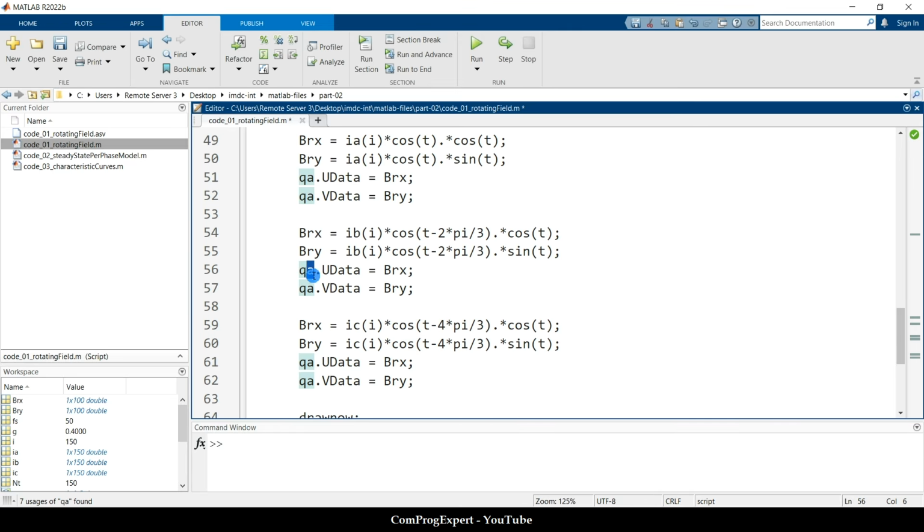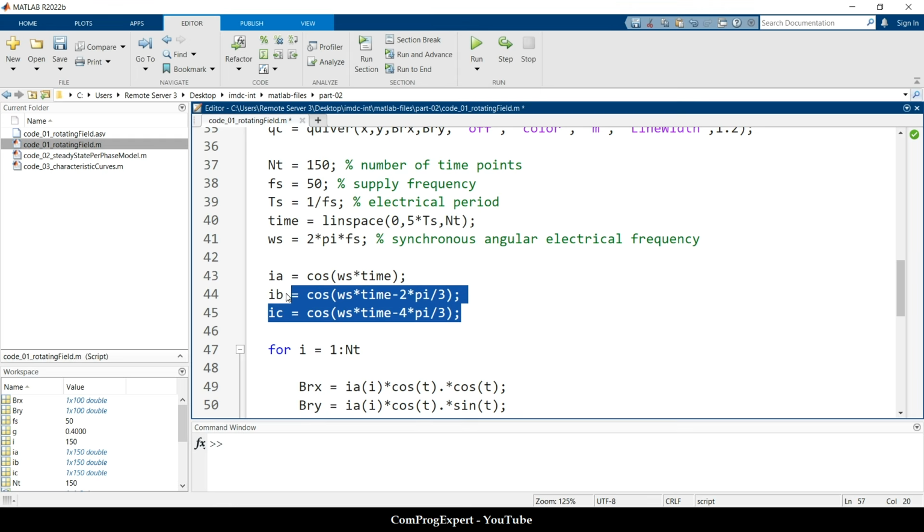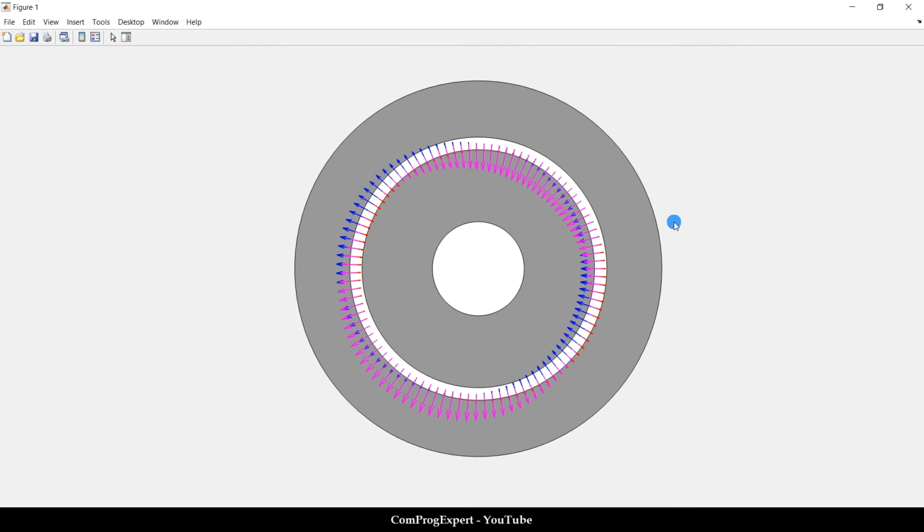So this is B and this is C. Okay. So we have these currents, these quiver plots. We have these currents with 120 degrees phase shift between them. So if I run this code, as you can see, we have 3 pulsating fields.